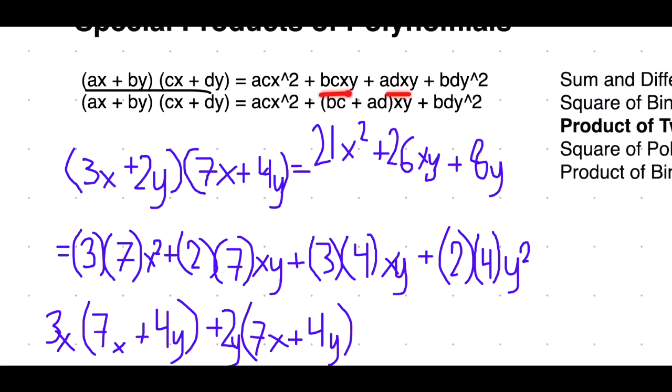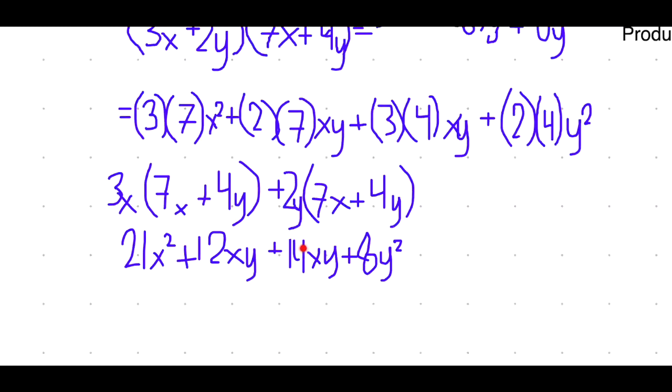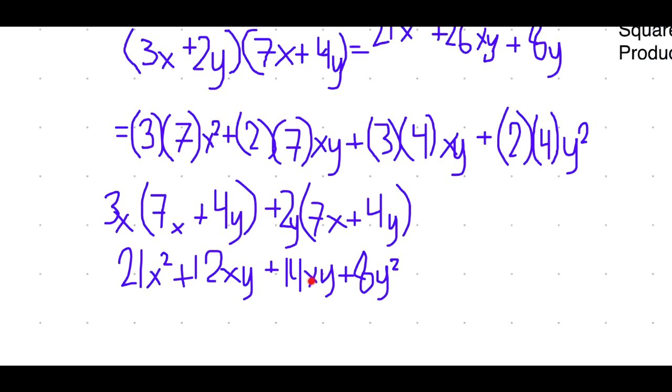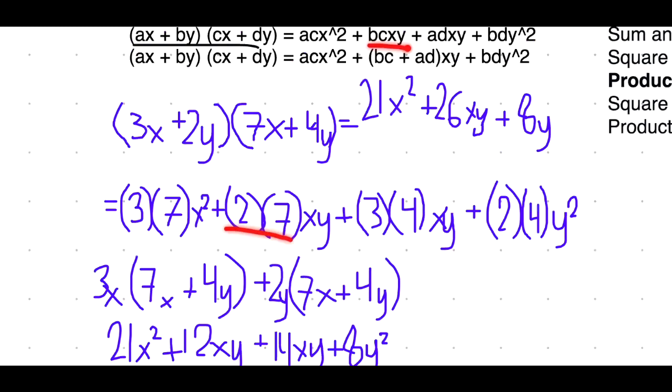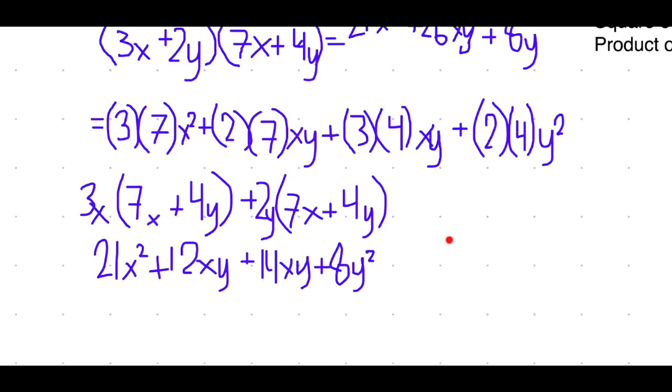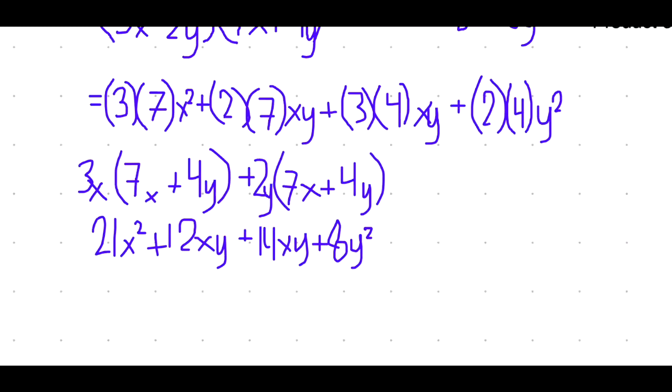That is still correct. Okay, and then we have 14xy, which we recognize from the 2 times 7 here, which was our B and C xy, and then we have our BDy squared. So B and D, it's 2 times 4, and then just y squared. And of course, finishing this by adding 12 and 14, we then get 21x squared plus 26xy plus 8y squared.